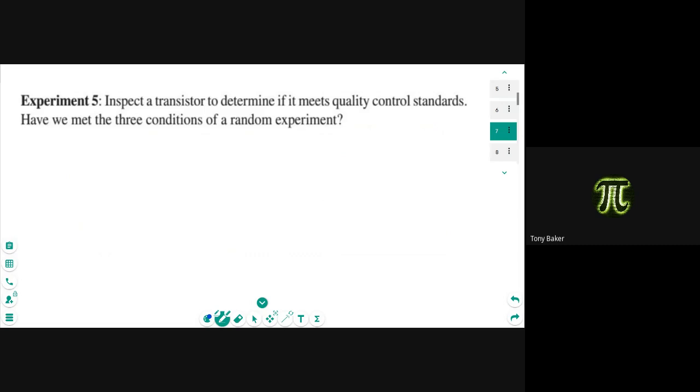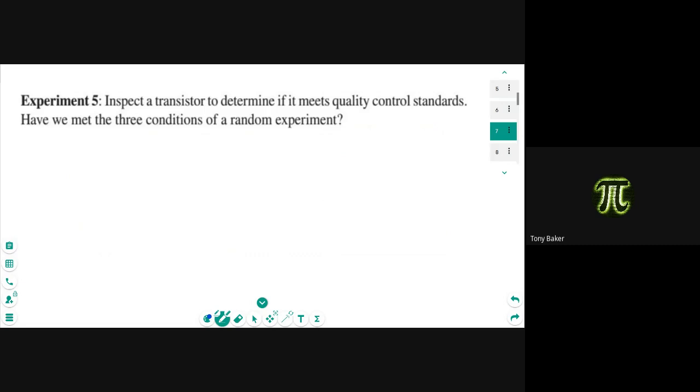Inspect the transistor to determine if it meets quality control standards. It's a little electronic part. It could say inspect a case of bananas to determine if it meets quality control standards. It doesn't actually matter what they're inspecting. Does it meet the criteria for a random experiment? Is there 1 outcome for every option? Yes, it either meets it or it doesn't.